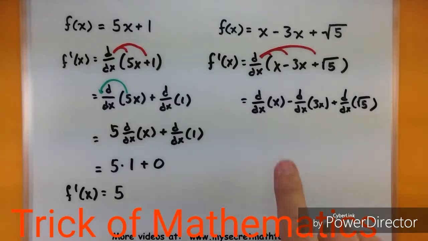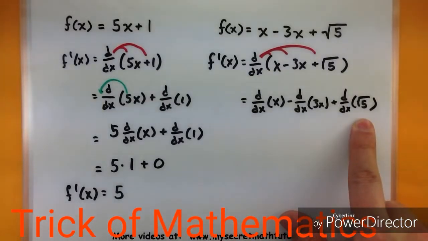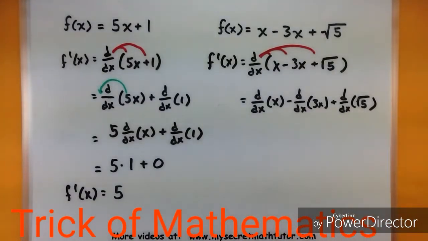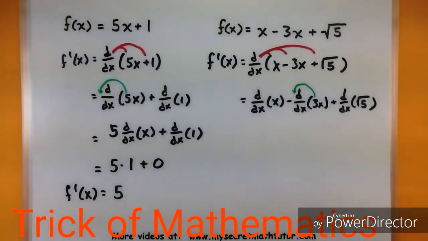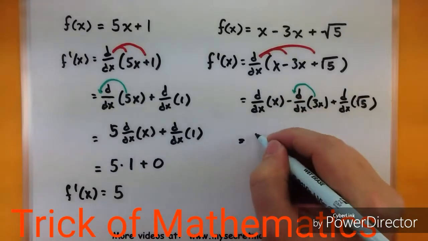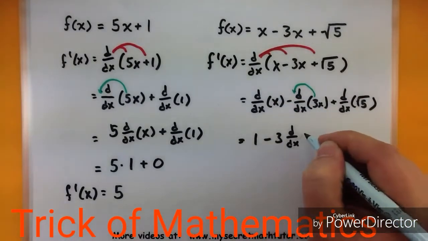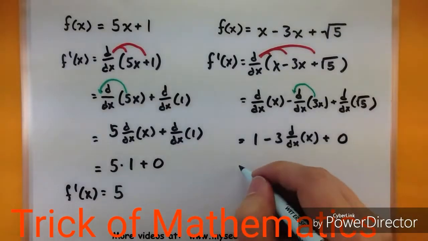Now two of these aren't so bad. The derivative of x is 1, and the derivative of a single constant is 0. This one we have a constant multiplied by an x, so we're going to move that constant out in front of its operator. The derivative of x is 1, minus 3 times the derivative of x, plus 0.